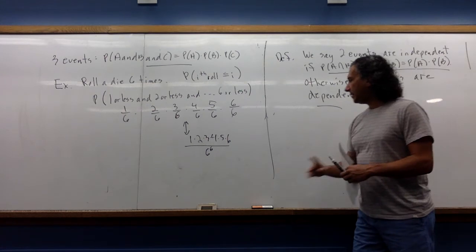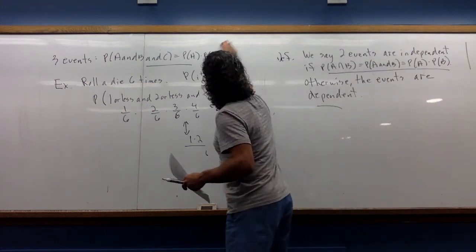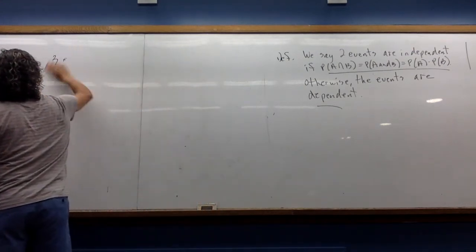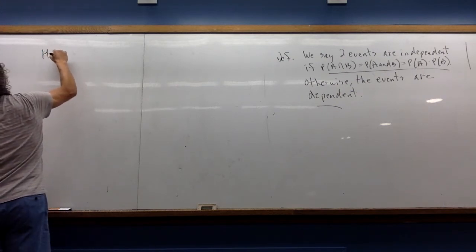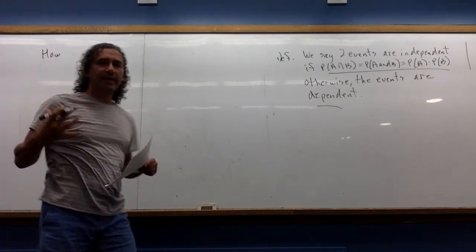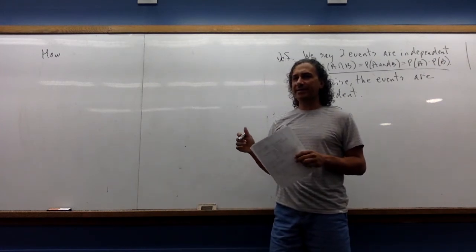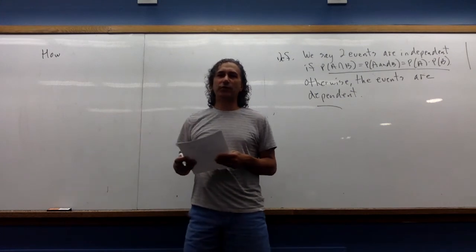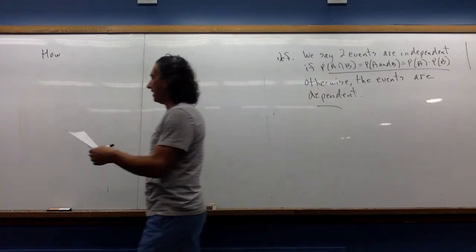Okay, finally, I want to talk about the relationship between mutually exclusive events and independent events. And the purpose of this is to clear up what I was talking about at the beginning, which is we can't always think about independence in terms of the English verbiage, and we have to resort to this definition.